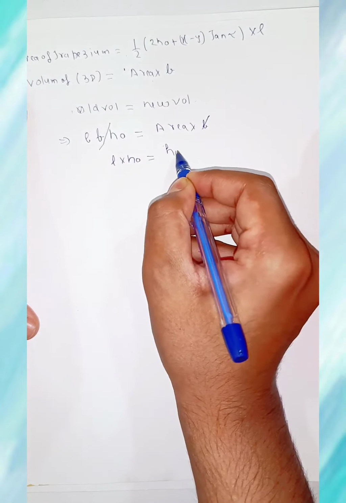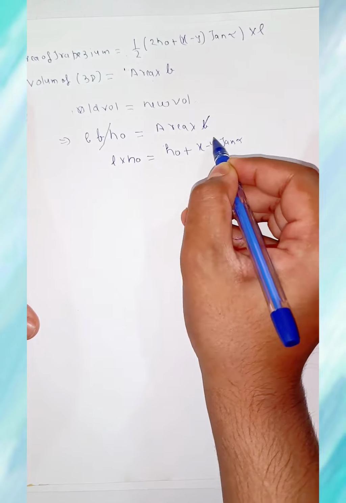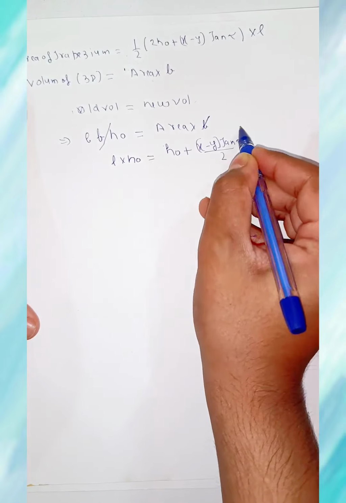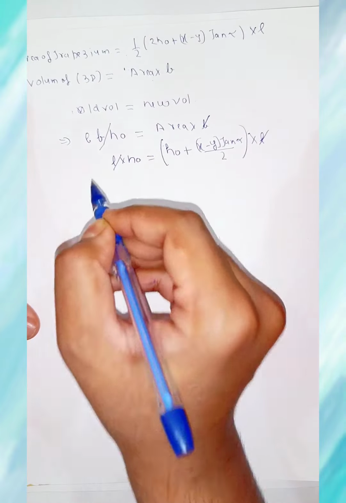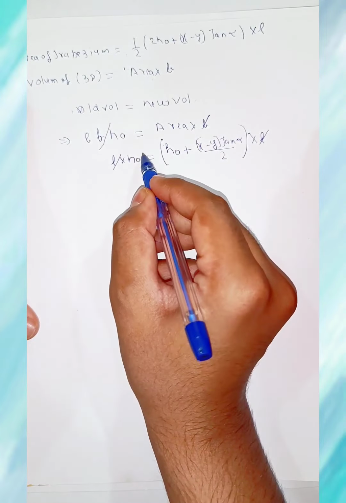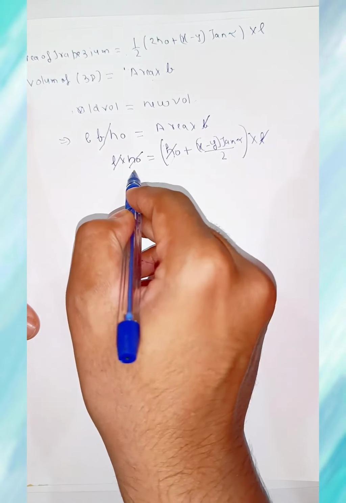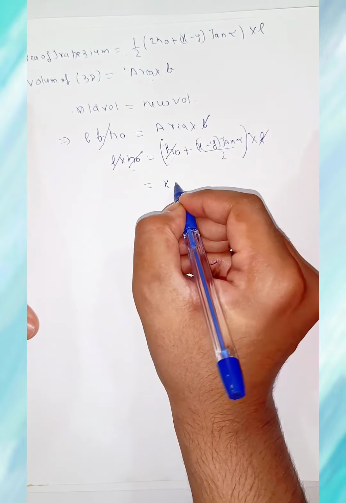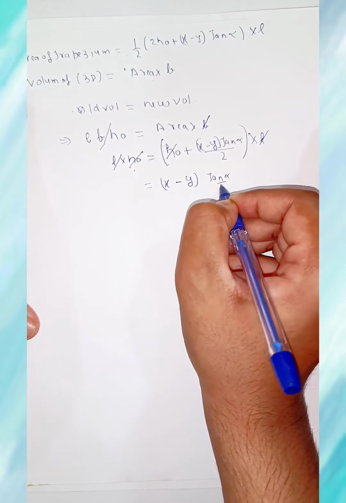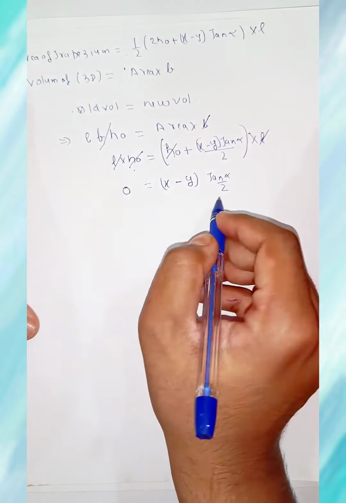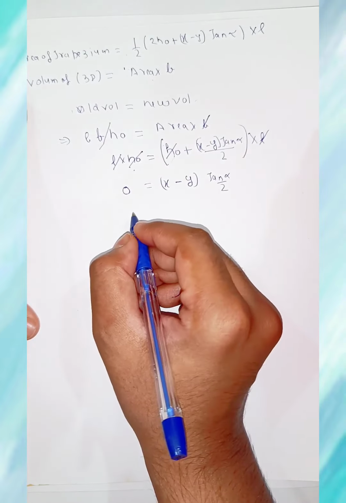It will come out to be h0 plus x minus y tan alpha divided by 2, into L. This L and this L will cancel out, and this h0 and h0 will also cancel out, since this h0 we will be taking here. What will remain here? x minus y tan alpha divided by 2 is equal to 0. So this tan alpha by 2 will go here and it will become 0 only.